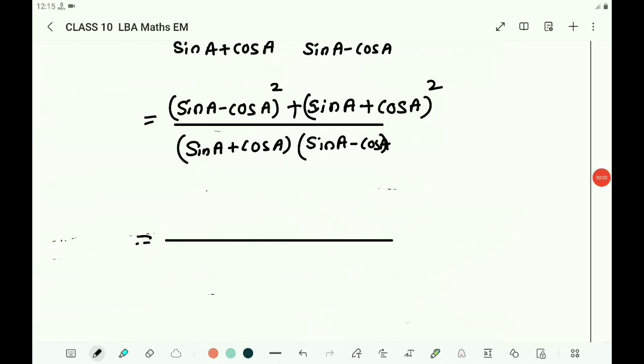Write the product of sin A plus cos A into sin A minus cos A is sin square A minus cos square A. Here we have to use the identity A plus B into A minus B, that is A square minus B square.